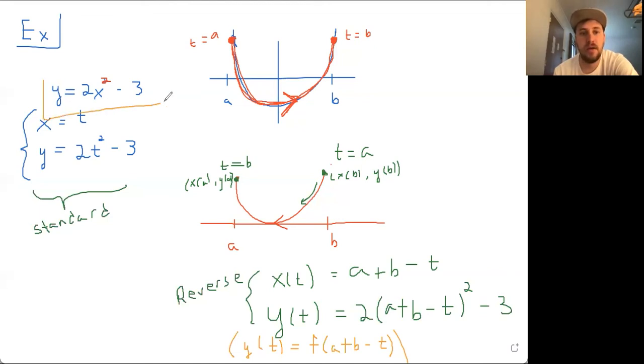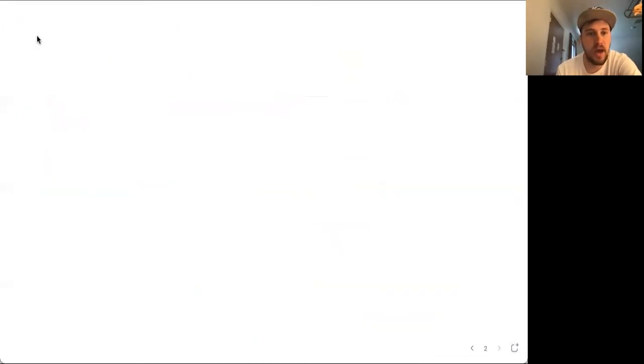And here we see y equals 2x squared minus 3. This is well defined for all real numbers, right? So that means we're okay here to play around with some different types of parameterizations. So one example we could have, let's change back to a color that's a little better on a white background, is we could let x of t be something like 3t minus 2.